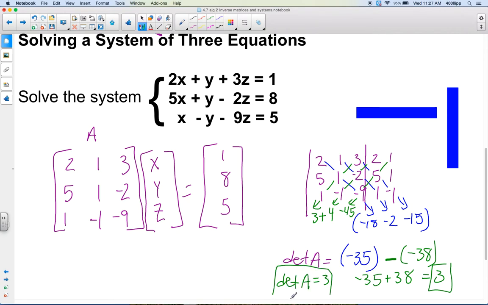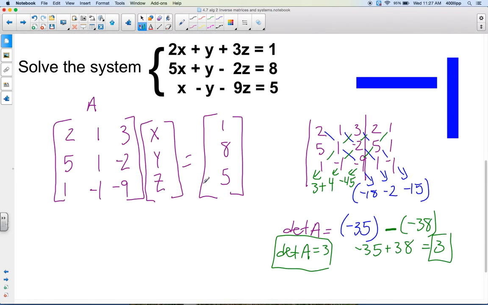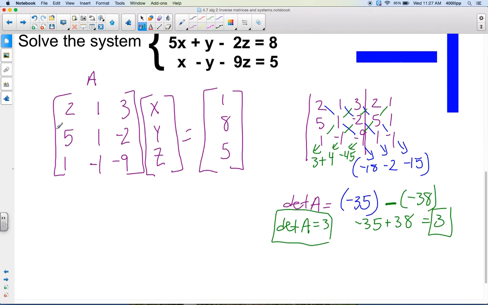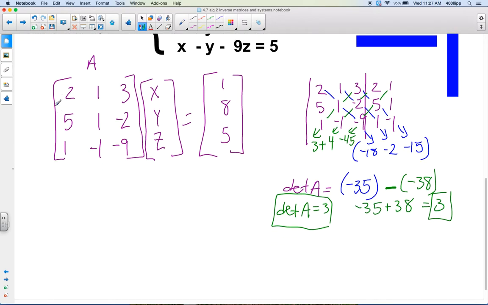There we go. Okay, so now, moving on, we're going to find the inverse. So we know that we're going to take each row and turn it into the columns.